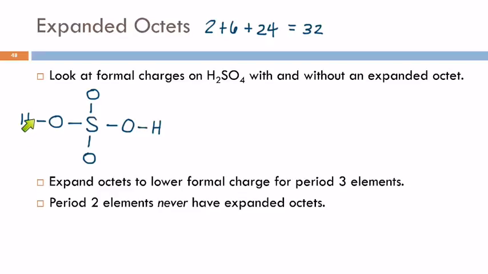So in my bonds, I have 2, 4, 6, 8, 10, 12, 14, 16, 18, 20, 22, 24, 26, 28, 30, 32. We say, yay, beautiful. Obeys the octet rule, awesome.